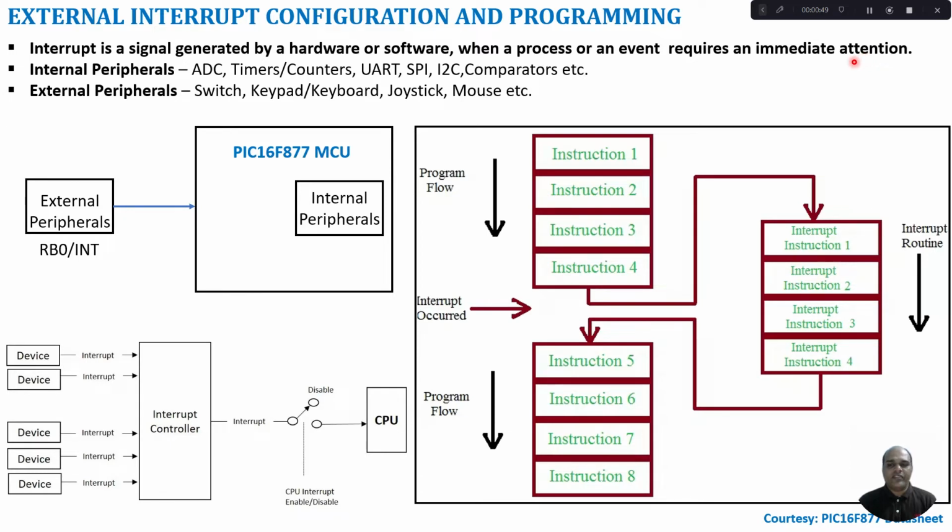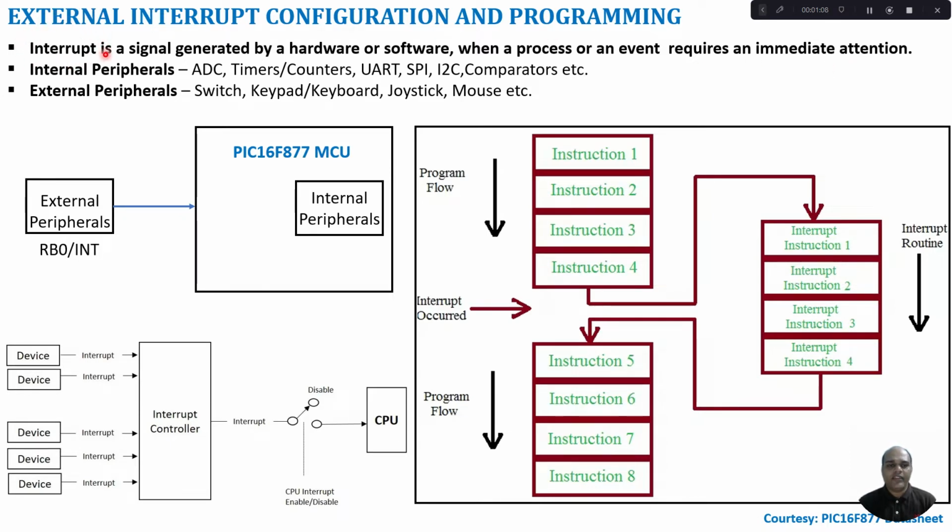When the signal is generated, the CPU will try to execute the program related to that hardware or software. So the peripherals try to make use of the CPU for doing certain actions. That is what we call an interrupt.